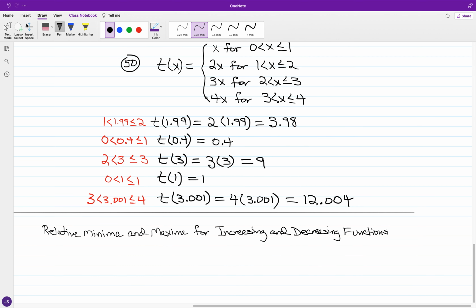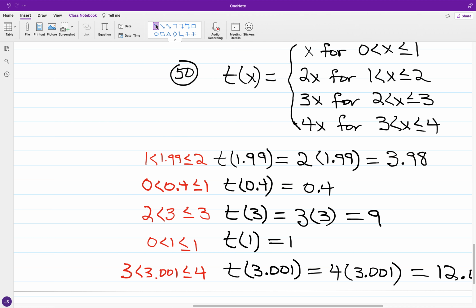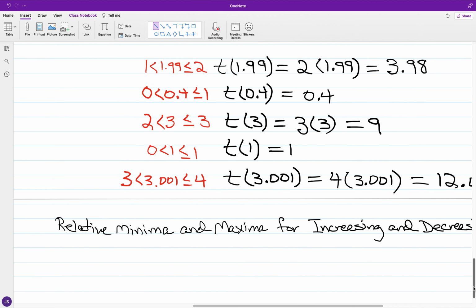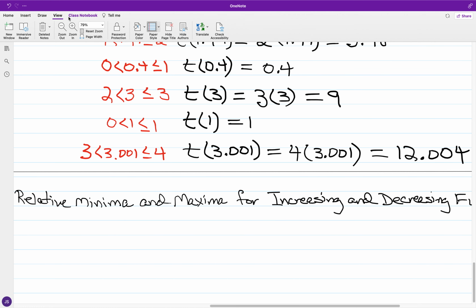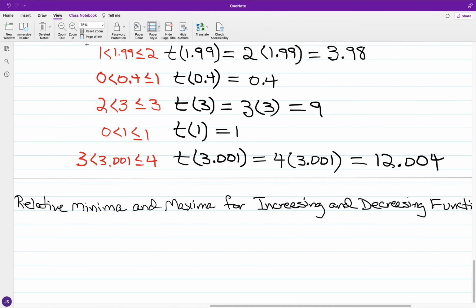It's a bit of a long title, but the stuff like relative minimum, maximum, and where functions increase and decrease, the concepts do go hand in hand.